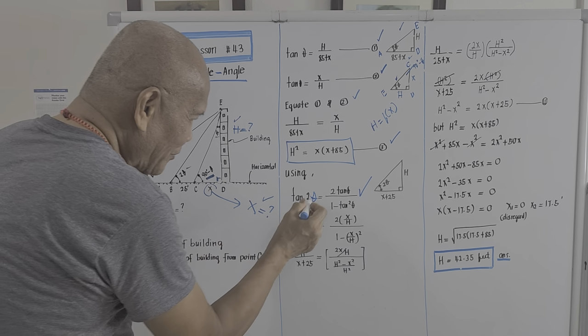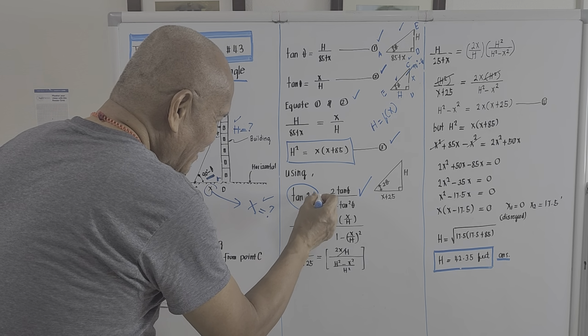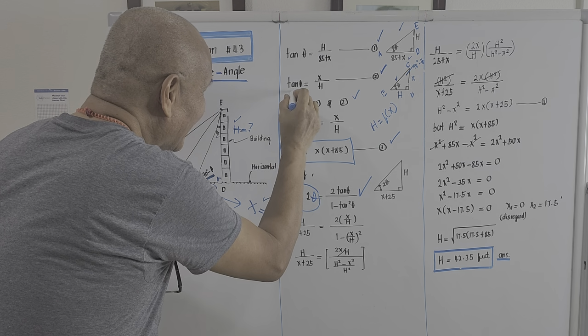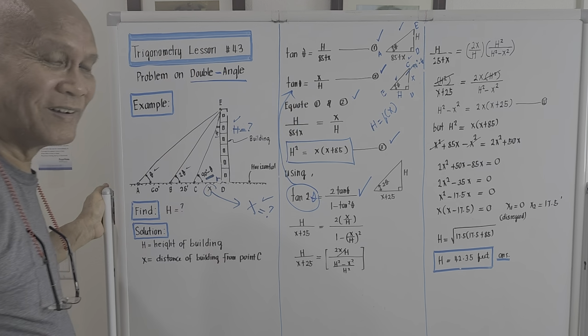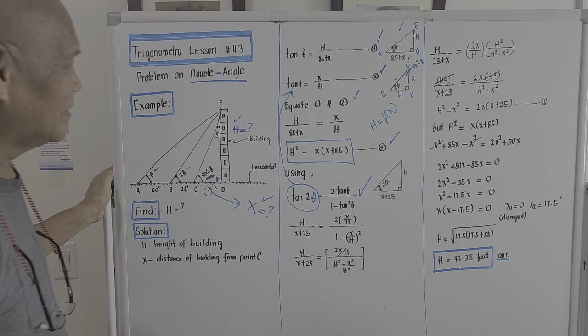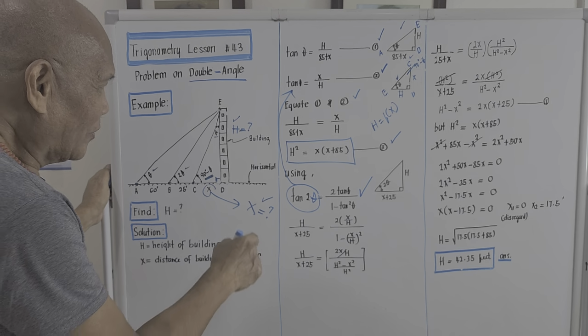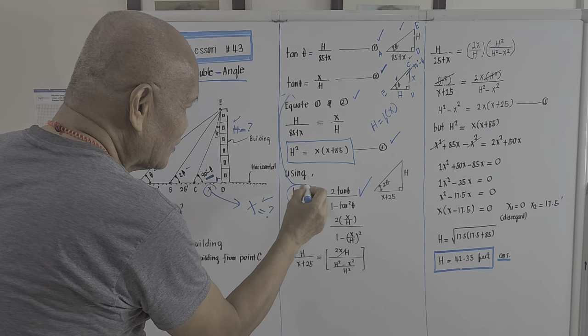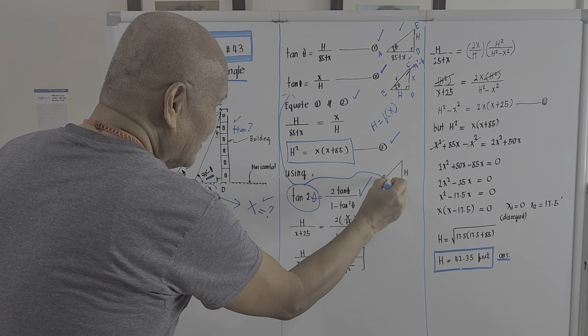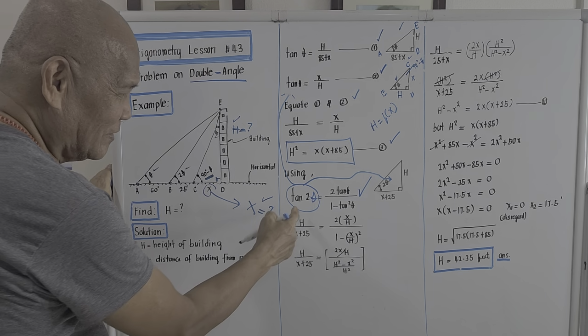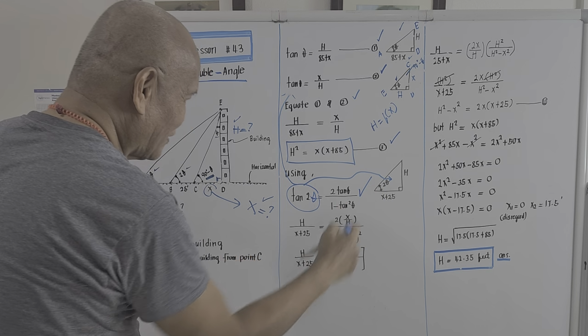This theta here we are mentioning is actually, no, it's not this one. It should be this one. Right? The tangent of 2 theta, this is twice theta.